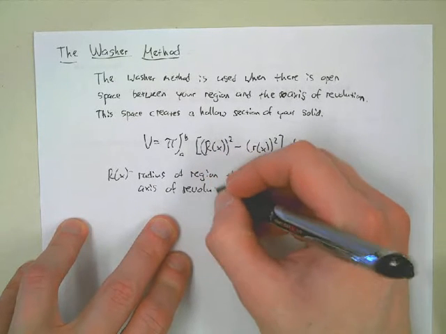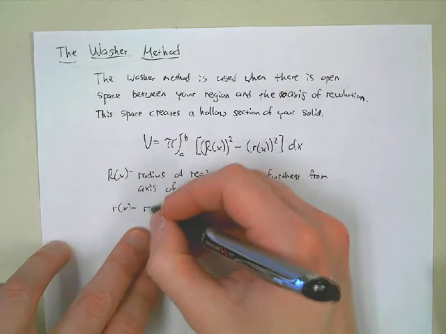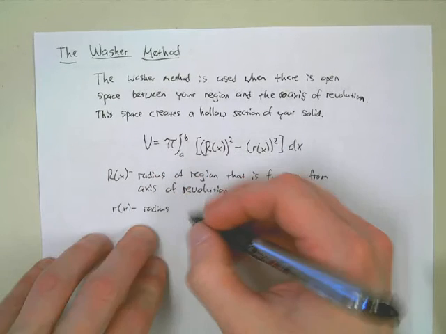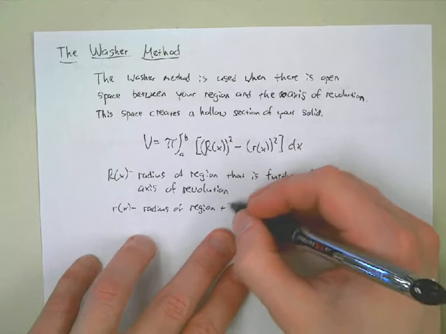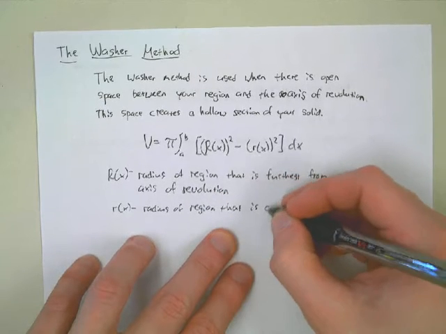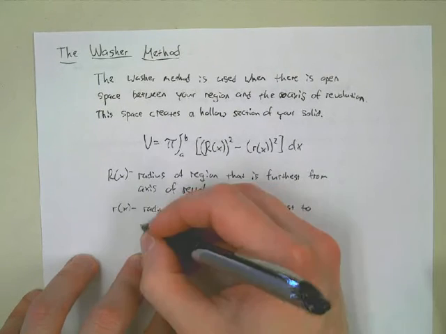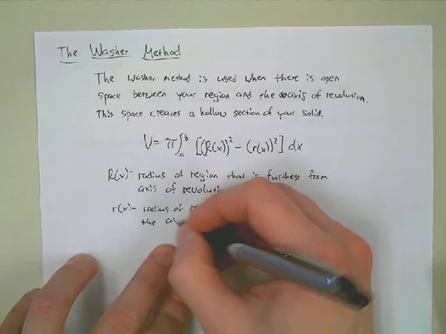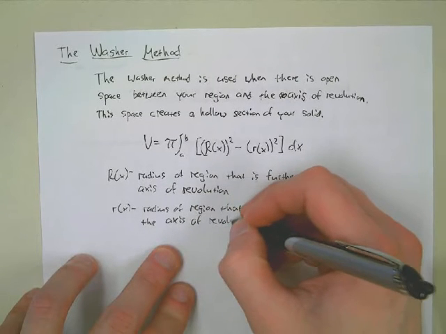Whereas little radius, it's the radius of the region that is closest to the axis of revolution. Okay?